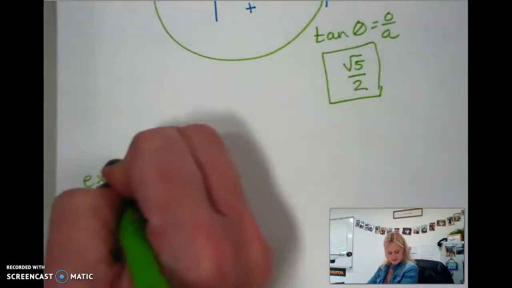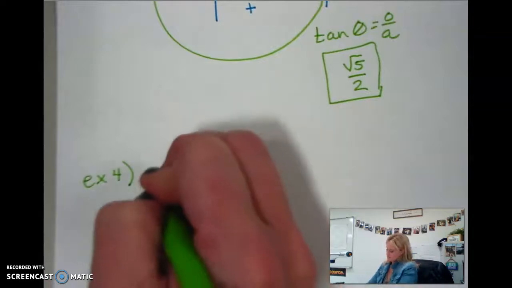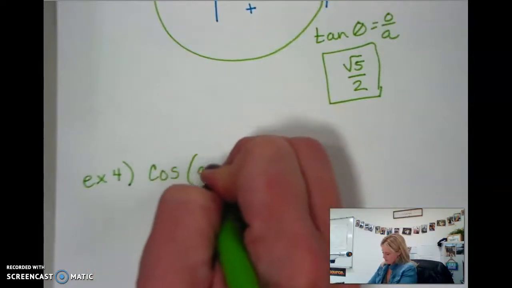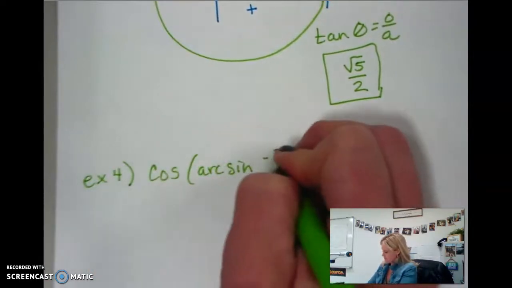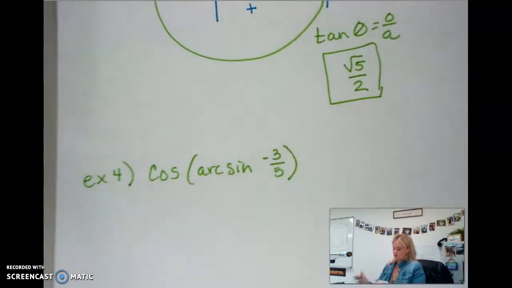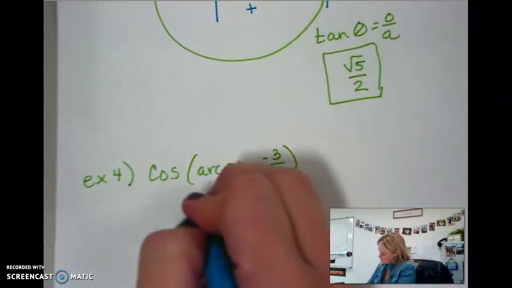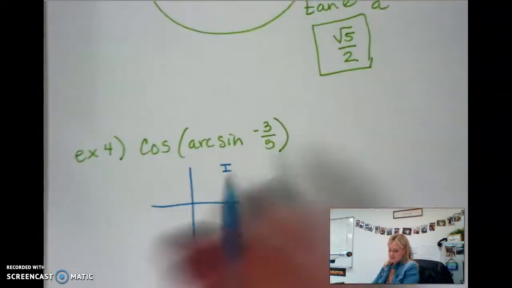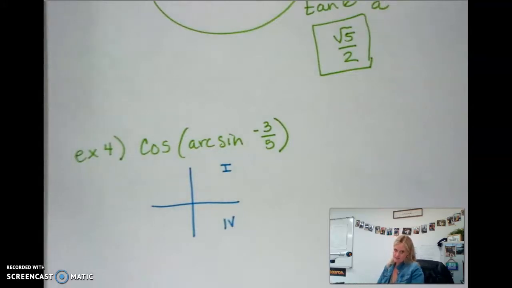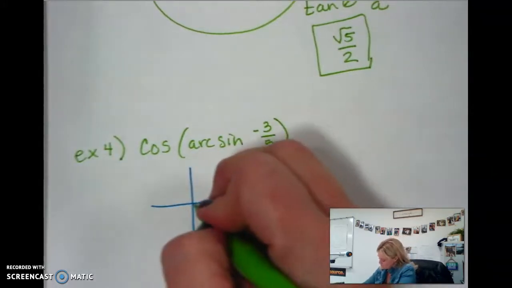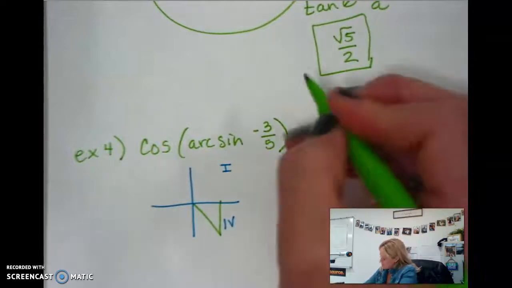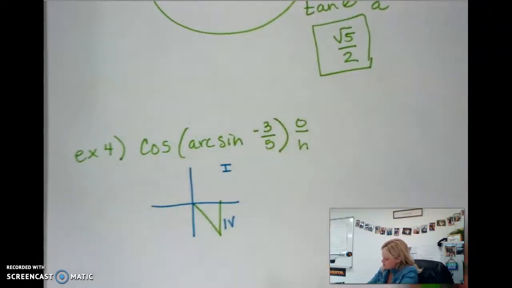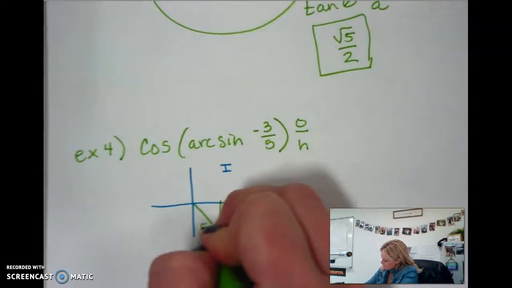Okay? So let's try another one together. Let's find the cosine of the arc sine of negative 3 over 5. Arc sine, or inverse sine, happens only in quadrants 1 and 4. If sine is negative, then I definitely am making my triangle down in quadrant 4. Sine is opposite over hypotenuse, negative 3 over 5.